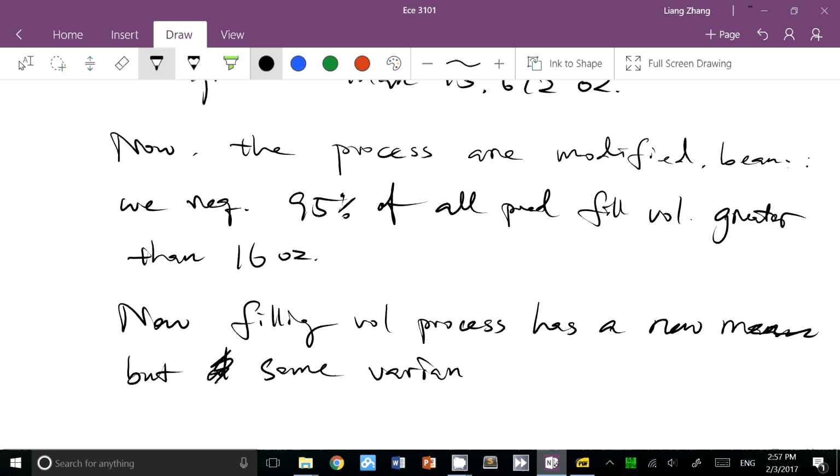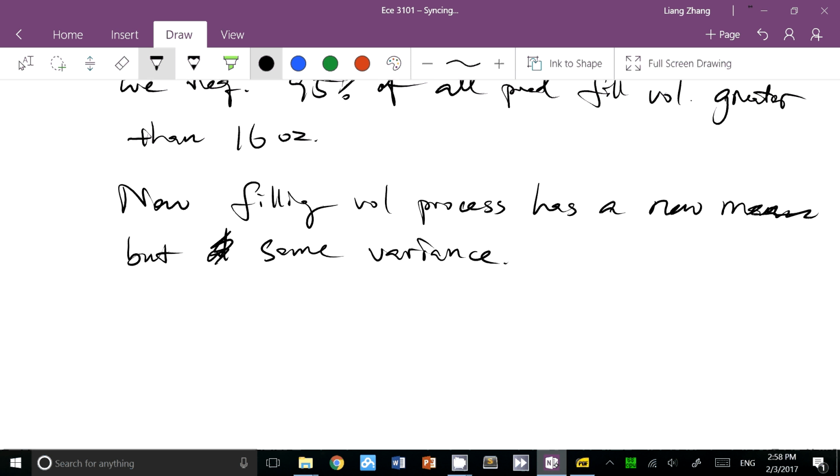So when you operate the machine, you can tune the filling volume a little bit higher, but because of the randomness, you cannot control the randomness. They may still have the variability. So the new filling volume may follow the normal distribution. Let's use y to denote this new filling volume. We'll take another normal distribution with a mean which we don't know yet.